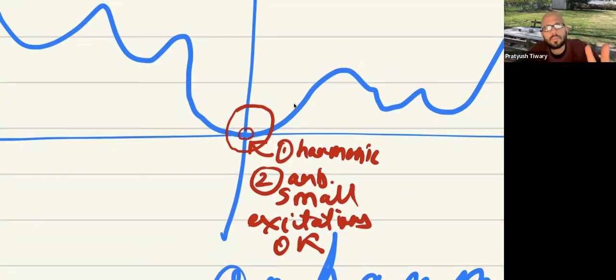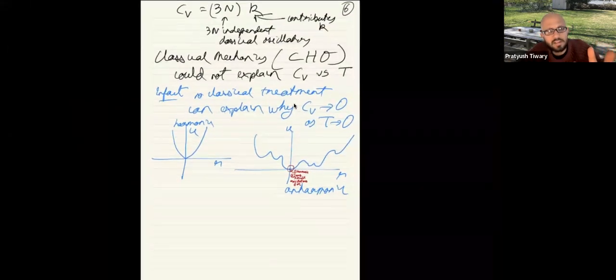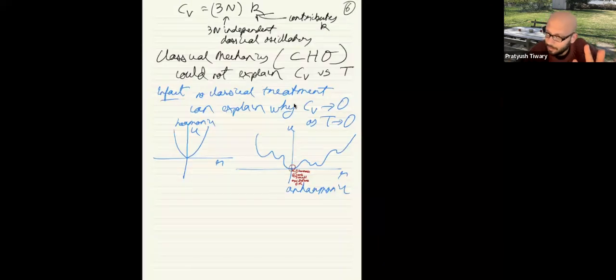But that's not true. The world is actually quantum mechanical. There is an energy scale that applies. Quantum mechanics tells us that the true nature of reality for small systems is not a uniform curve like this, but actually discrete eigenvalues.